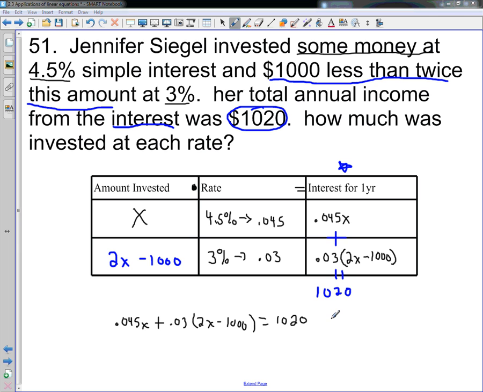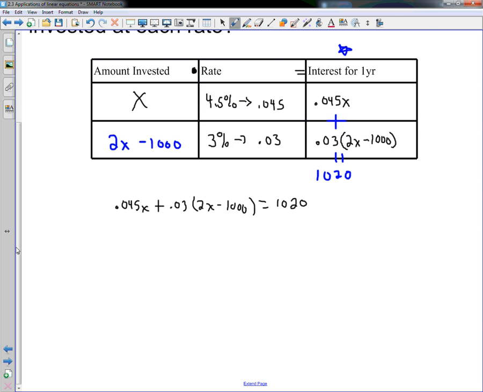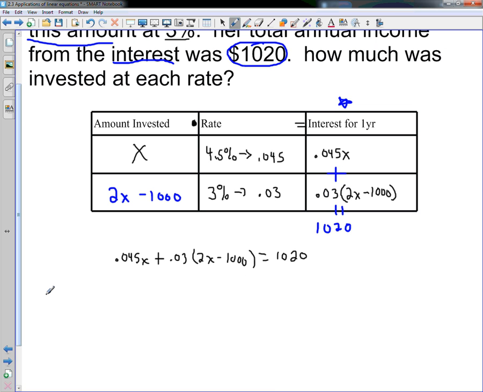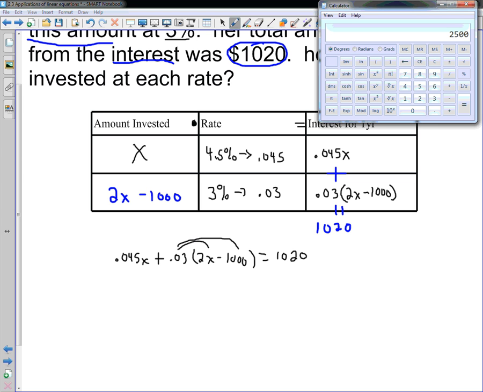From here, it's combining like terms and working our way through. So let's go ahead and do that. So you have distribute the 0.03 in, so you may need your calculator on this one.